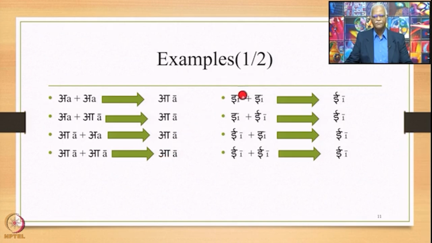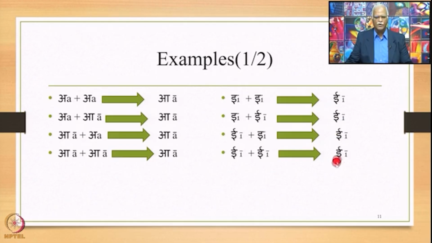Similarly, in case of i, where you have short i plus short i, obviously they are savarnas, and so 6.1.101 applies and the output generated is the long variety, long vowel of i, namely i.